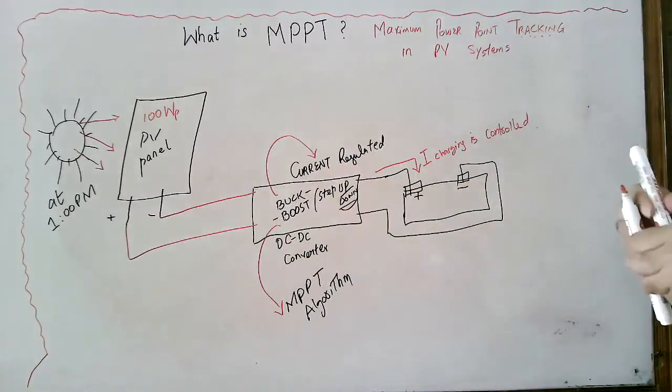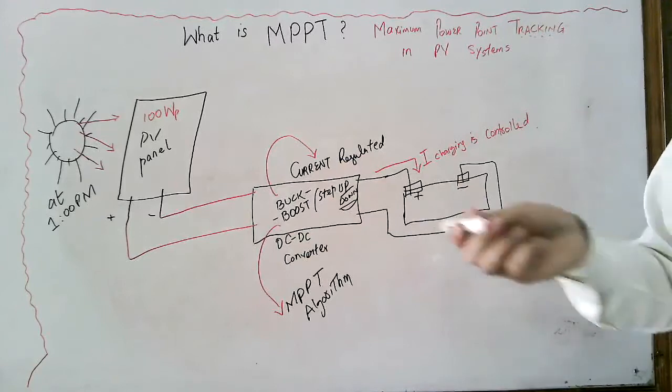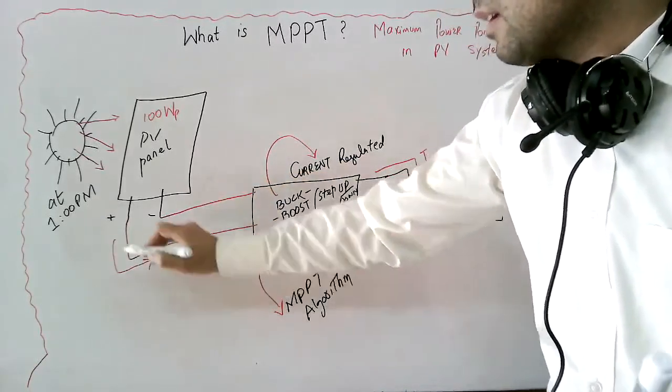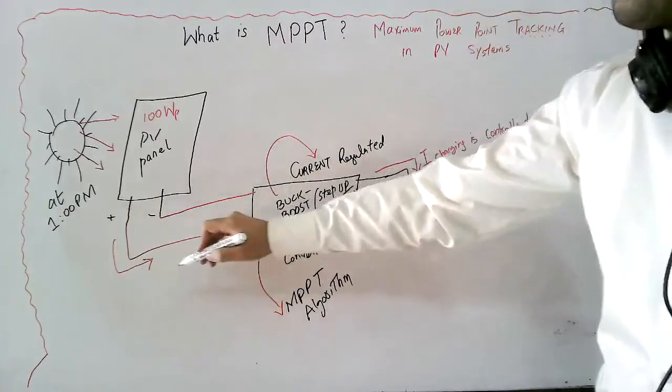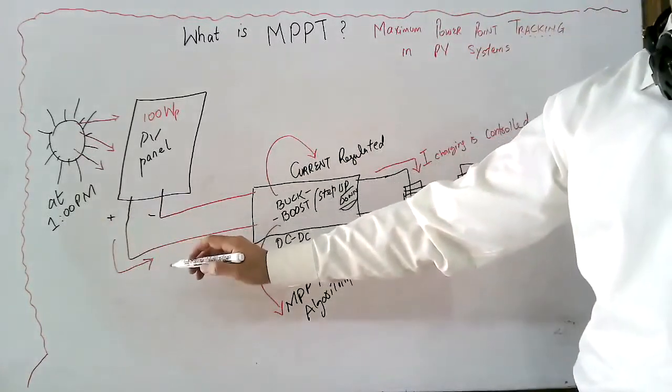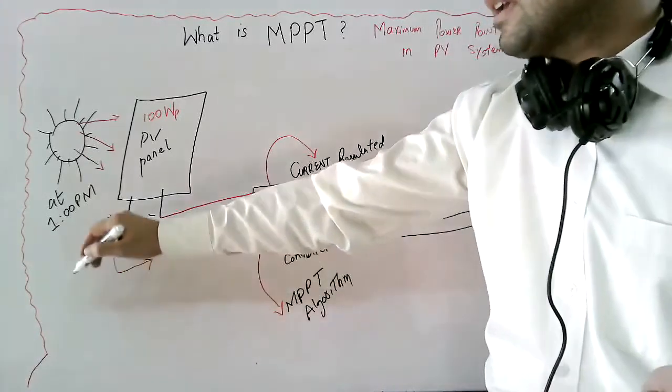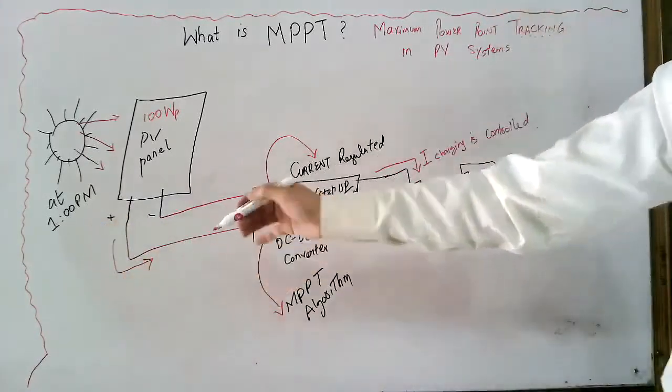Now what happens? As you know, if you increase the amount of current draw from the solar panel, what will happen? Or if you decrease the current from the solar panel, what will happen?